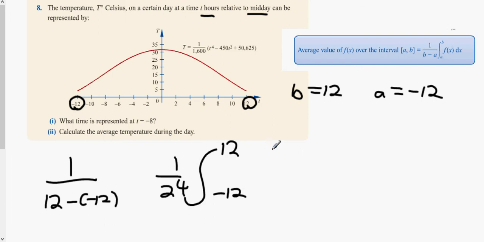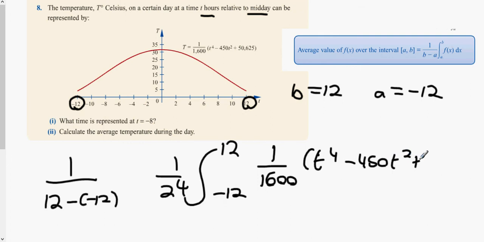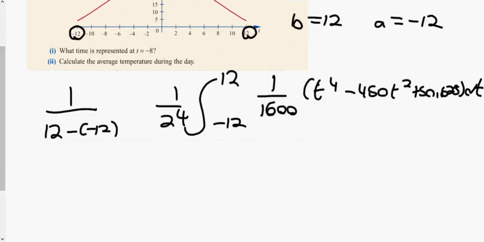This function here is going to be 1 over 1600 times t to the power 4 minus 450 t squared plus 50,625 dt. Now, what I'm going to do here is multiply 1 over 24 by 1 over 1600.